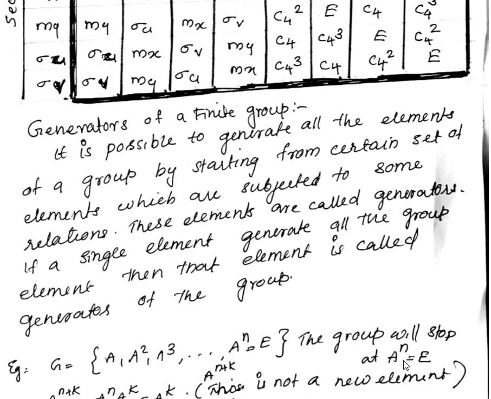Suppose A raised to N is E. Suppose what is A raised to N plus K? A raised to N plus K can be written as A raised to N into A raised to K. What is A raised to N? A raised to N is the identity element, so it is A raised to K. So this A raised to N plus K is not a new element. It is again in this group. So it obeys all the properties of the group.